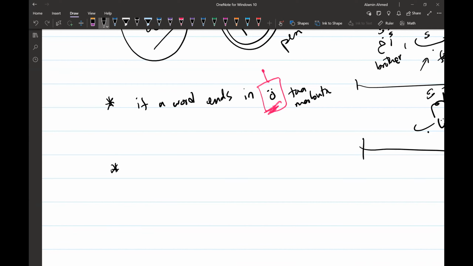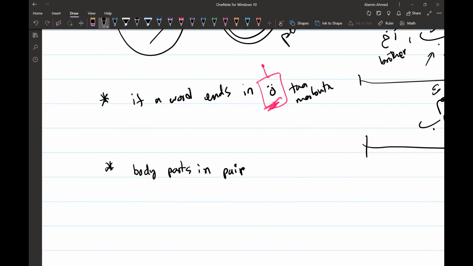When we have body parts in pair, then the Arabs, for whatever reason, treat that single word as feminine.